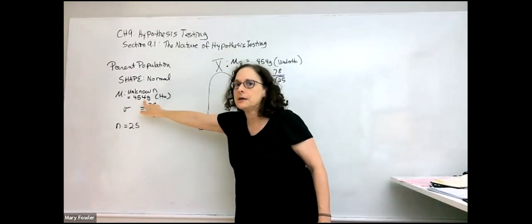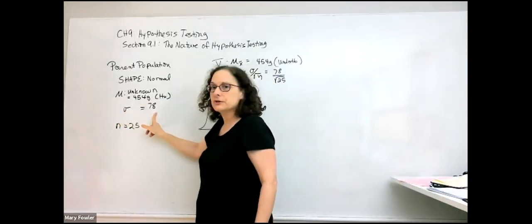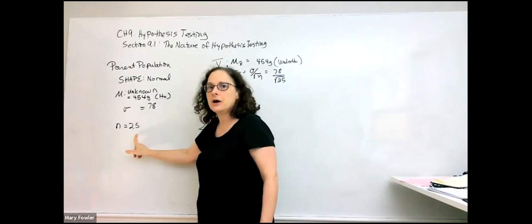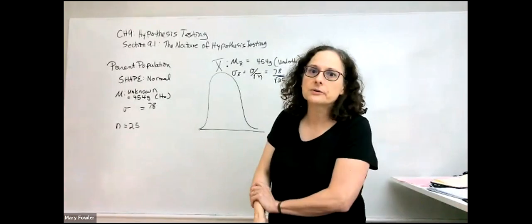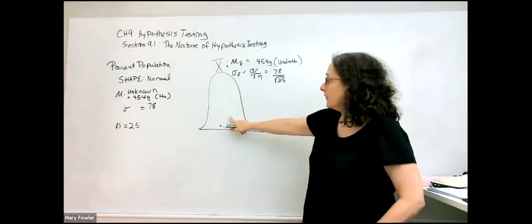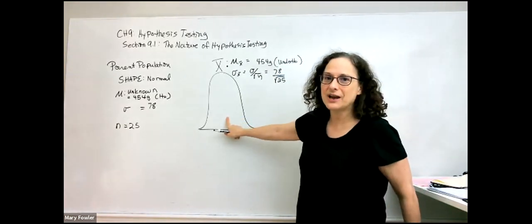That is the null mean. The standard deviation for the parent population is 7.8. And the sample size is 25. We took 25 bags of pretzels. All right, so we have the parent population, and the distribution of X bar. So we're using results from chapter 7 here.